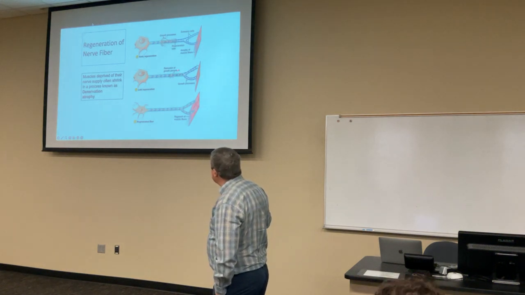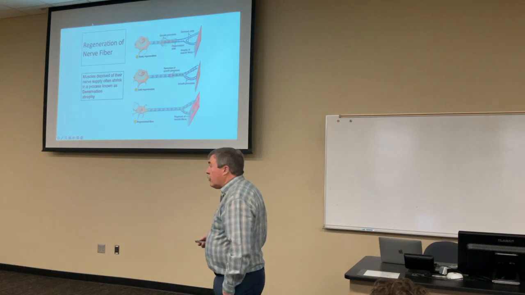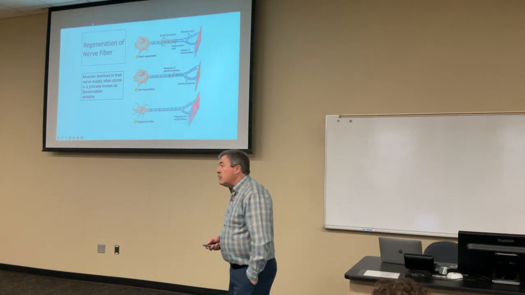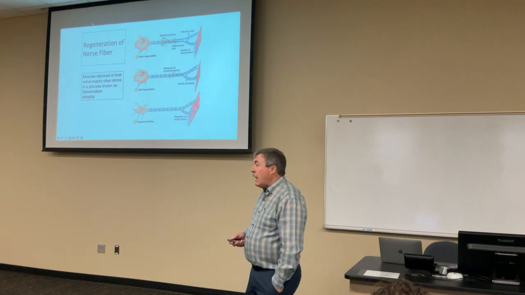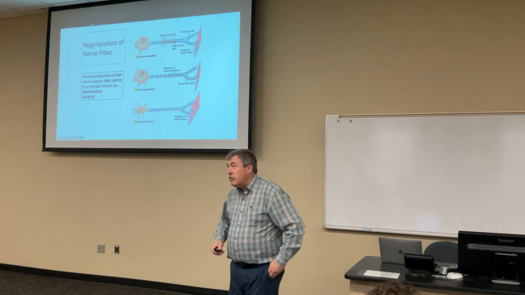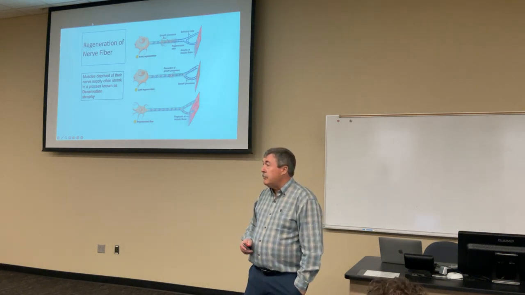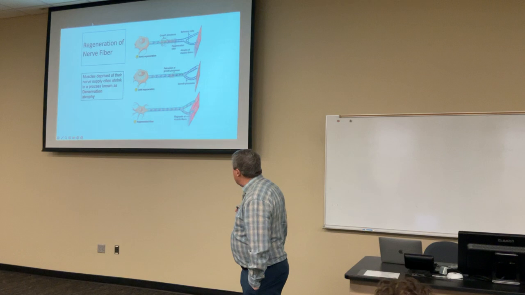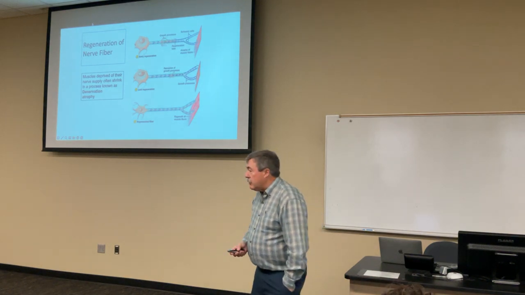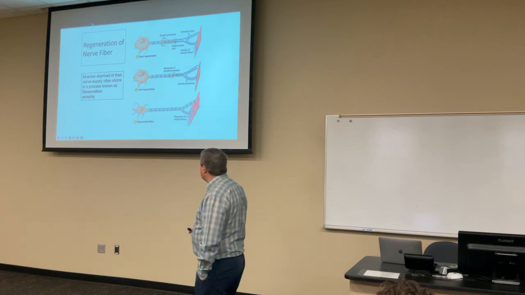Once that happens, then these other growth processes that didn't travel through that regeneration tube start to atrophy and degenerate. And so once those growth fibers degenerate, you have a repaired neuron that's able to, again, stimulate those muscle fibers and cause them to contract.